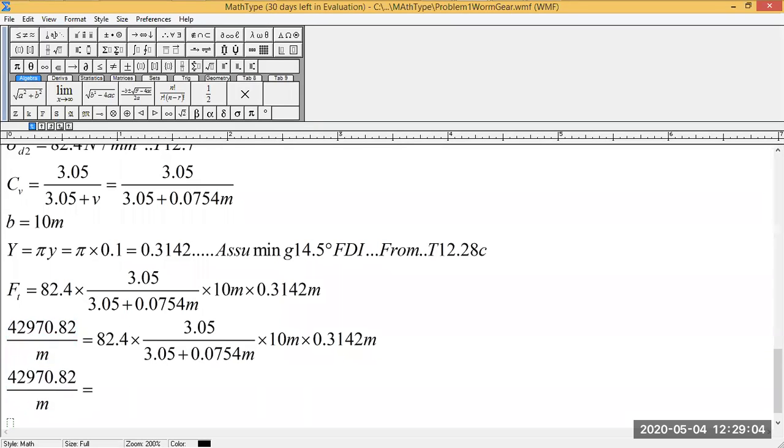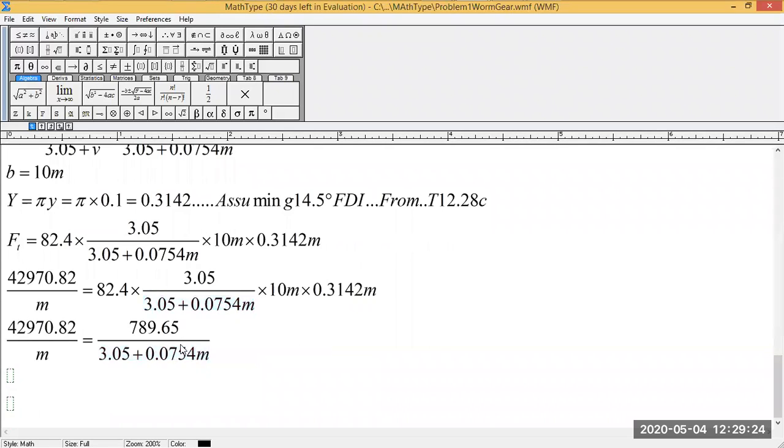This is equal to, I'm getting here, 789.68 over the whole thing here. Yeah, so you guys also calculate and see what value you get. And here also this is m over m times m to the power 2. This will be a superscript.